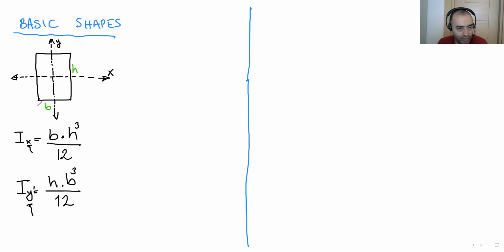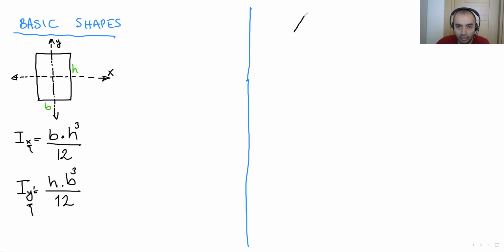If we are dealing with the parallel edge, it comes as it is. If we have a perpendicular edge, it comes with cubic value. That's the main idea in this rectangle.